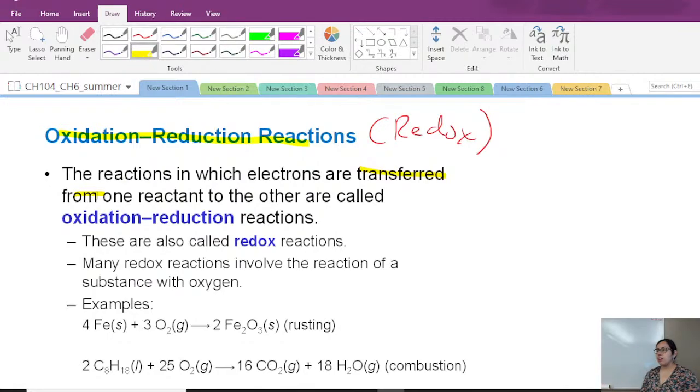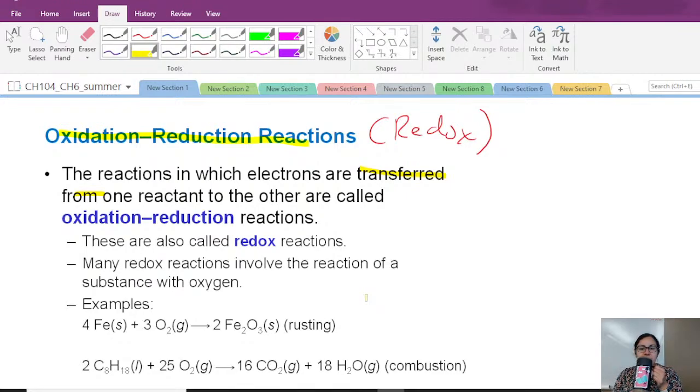What was one case that we looked at early on where electrons were being transferred? What two reagents did we put together that made simple ions?